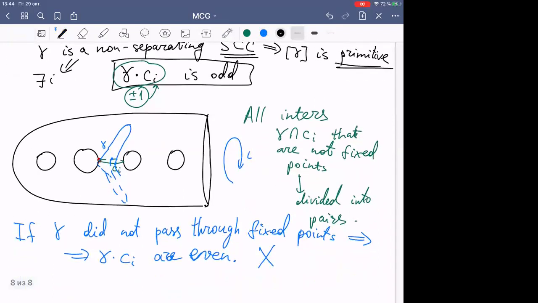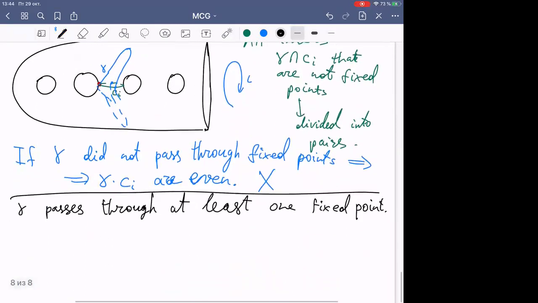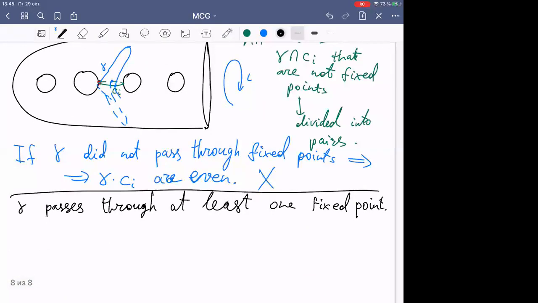Hence, gamma passes through at least one fixed point. Okay, is it possible that gamma passes through exactly one fixed point?